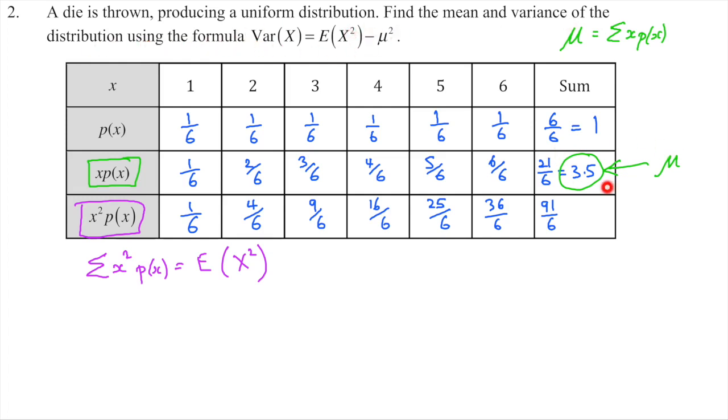Well, we know the mean, we found that. The variance of our x value is equal to the expected value of x squared minus mu squared. What is the expected value of x squared? It's the x squared p of x row added up, which is 91 over 6.